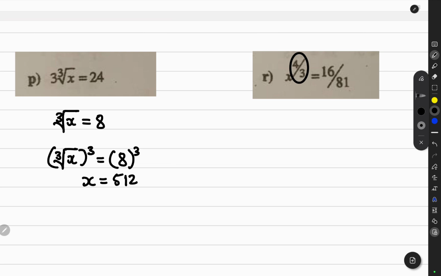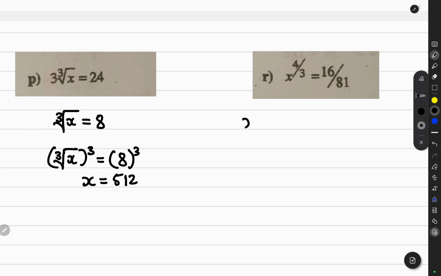The reciprocal of that 4 over 3 will be 3 over 4. So we're going to multiply both sides by 3 over 4 here and also the whole base by 3 over 4. Okay, so let's do that now.